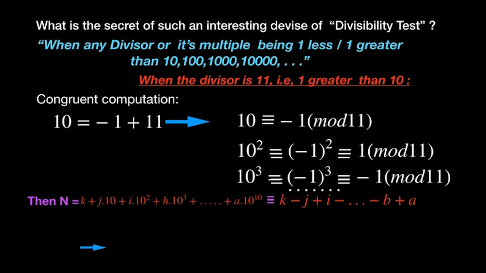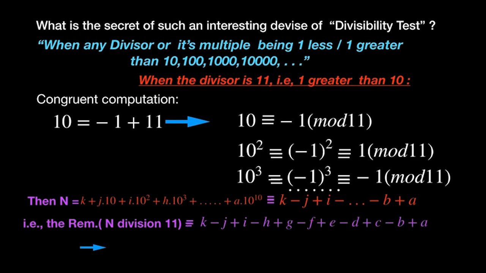So in this way, we can get the alternate digit sum, plus and minus from the right side. The digits will be taken plus and minus alternately, and it is called the alternate digit sum.